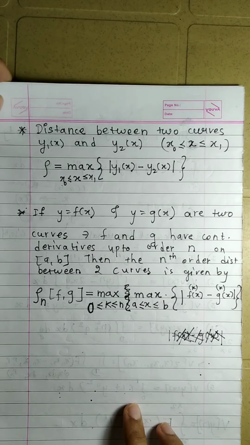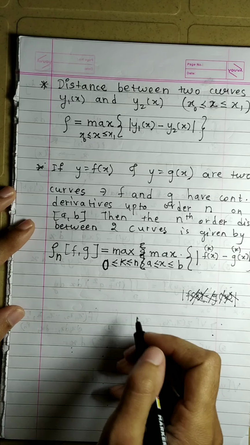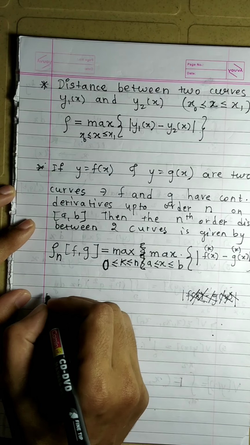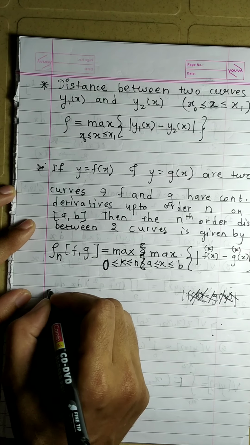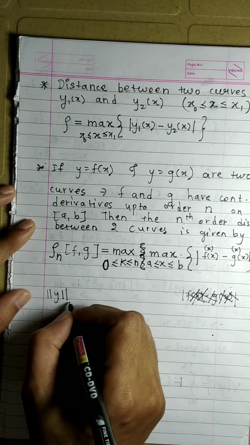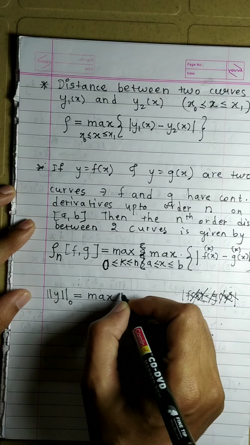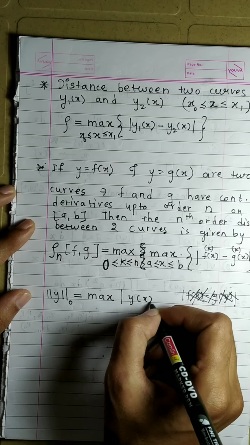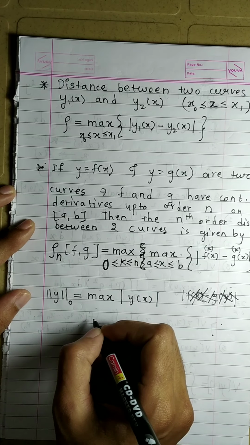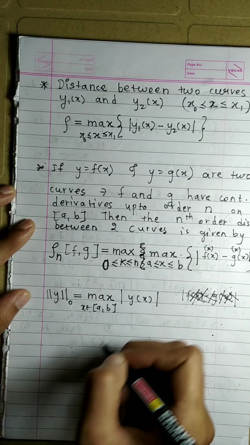Now let us note down some definitions of the norm function. Norm of y0 will be equal to the maximum of mod y of x, where x is in this interval a to b.